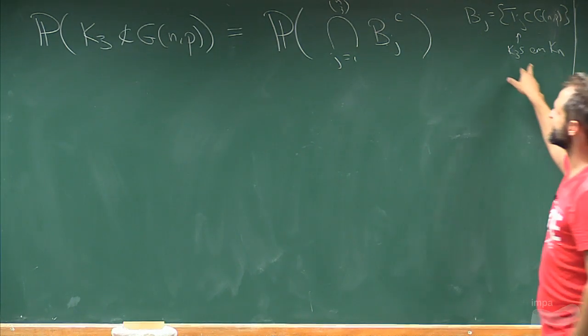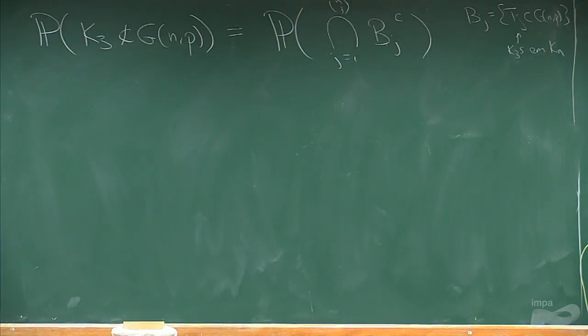Just to observe, this fits in exactly to our setup. Is it clear? So the A_i's are exactly the triangles in the complete graph.